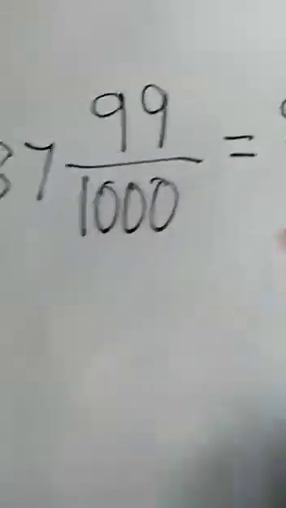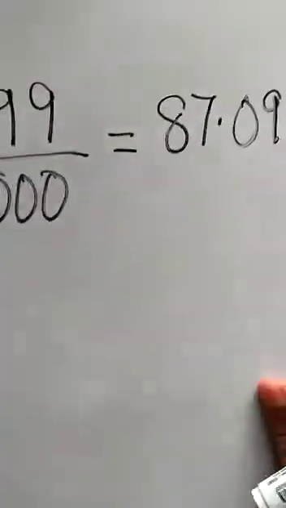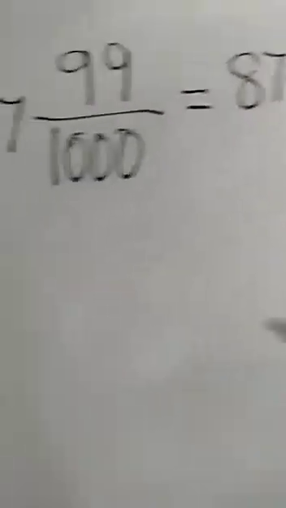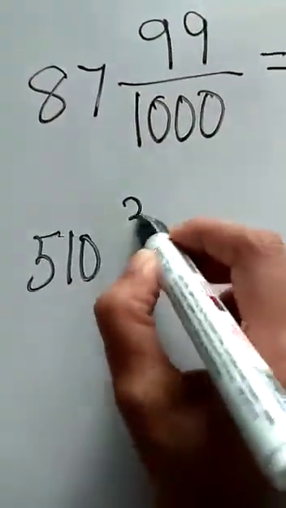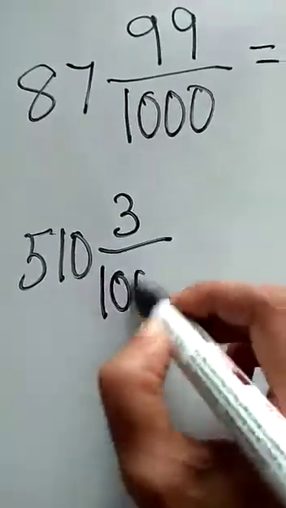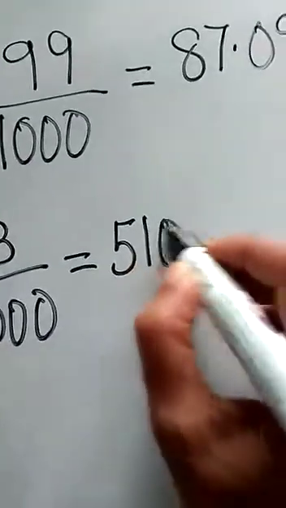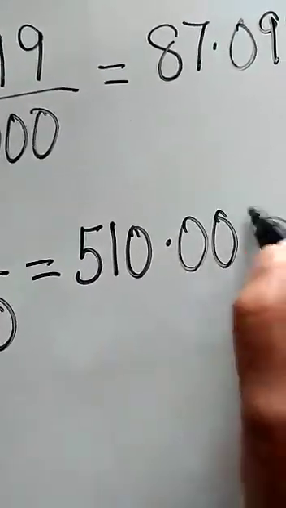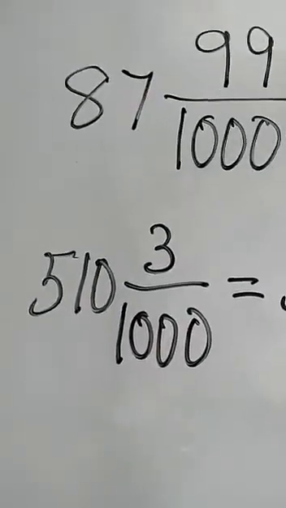This you will write as 87 with 3 decimal places. So 0.099. Okay. Next one, 510, 3 by 1000. This you will write as 510 with 3 decimal places. So 0.003. Okay, so with this, assignment 3 is done.